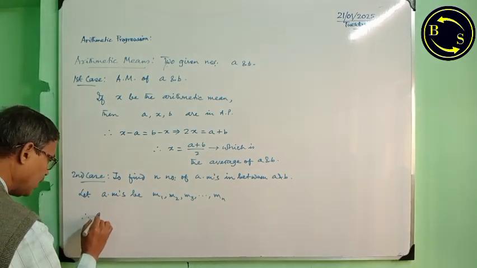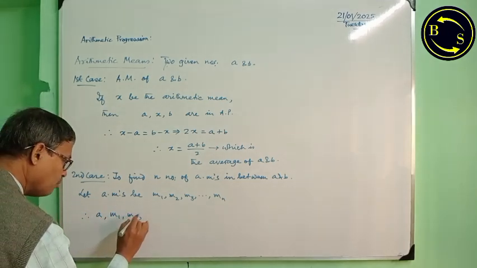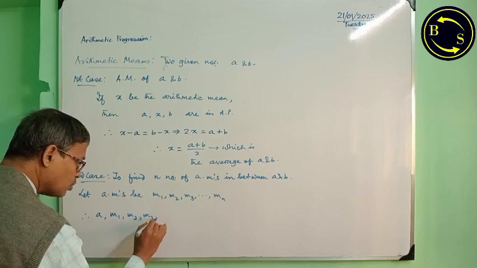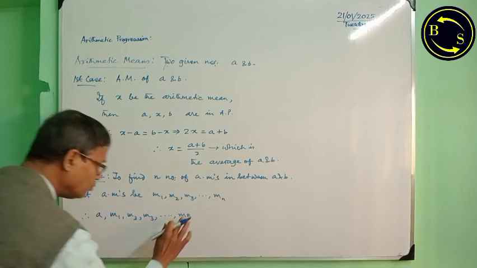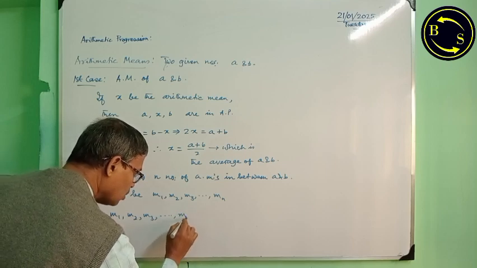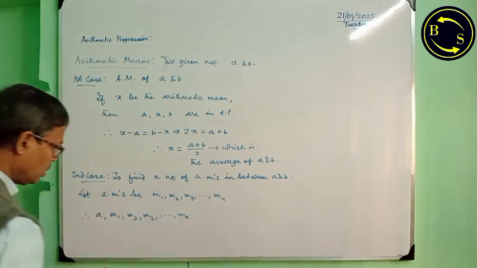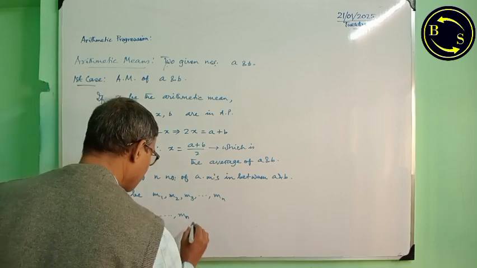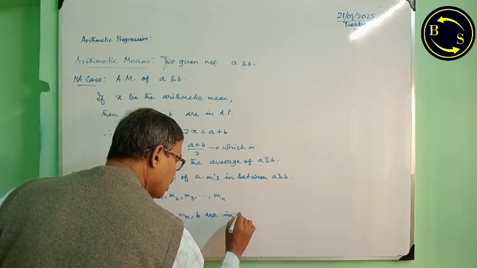Therefore, A, M1, M2, M3, dot dot dot Mn, B are in AP.